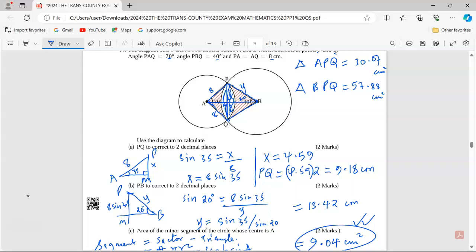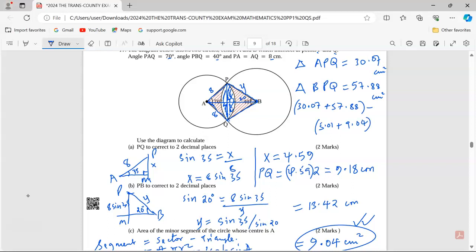So with the two triangles and the two minor segments, we can get the area of the shaded part. The total area will be 30.07 plus 57.88, then we subtract the two minor segments, which are 5.01 and 9.04.